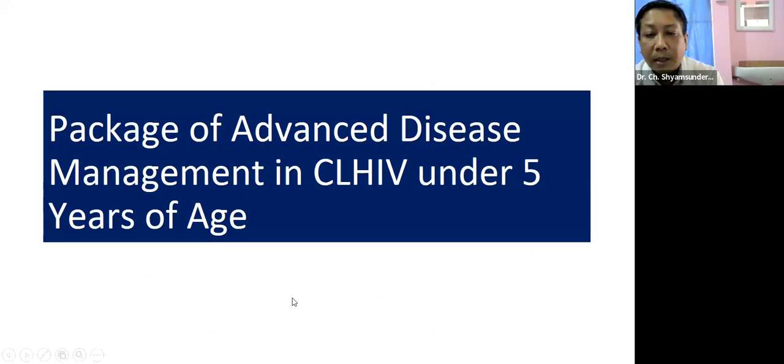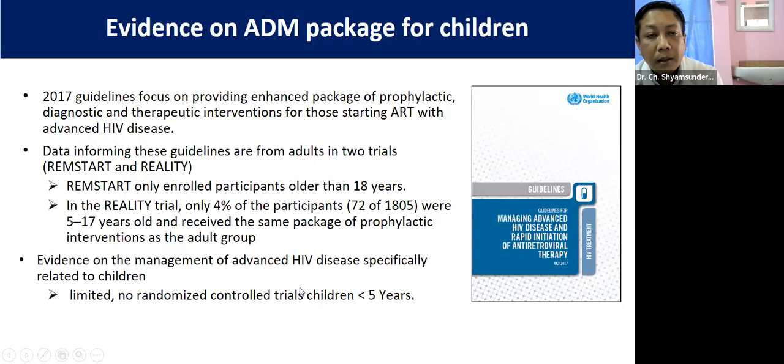What are the packages of advanced disease management in CLHIV under 5 years of age? Evidence on the ADM package for children: the 2017 guidelines focus on providing an enhanced package of prophylactic, diagnostic, and therapeutic interventions for those starting ART with advanced HIV disease.